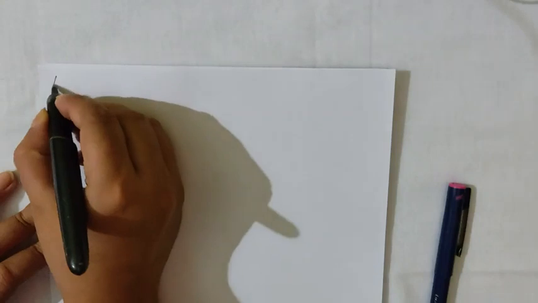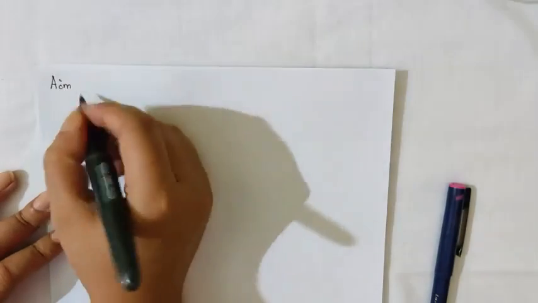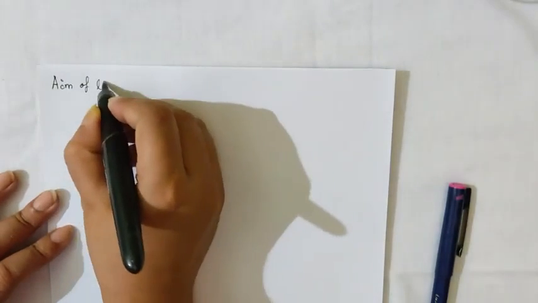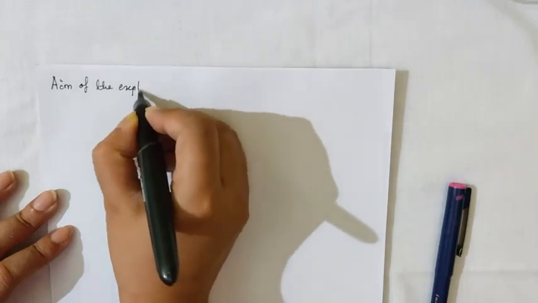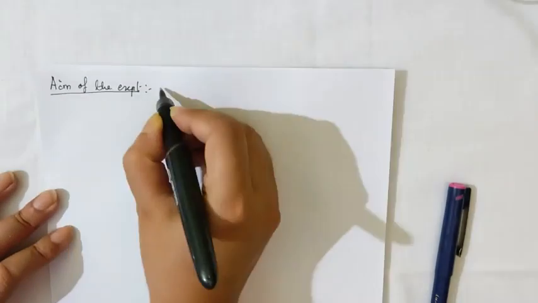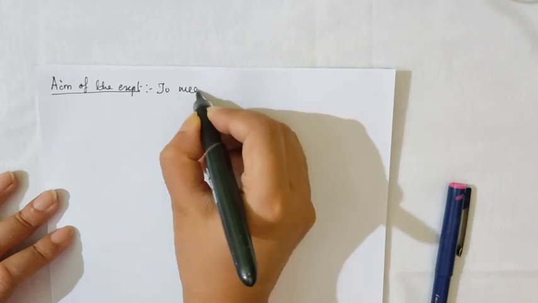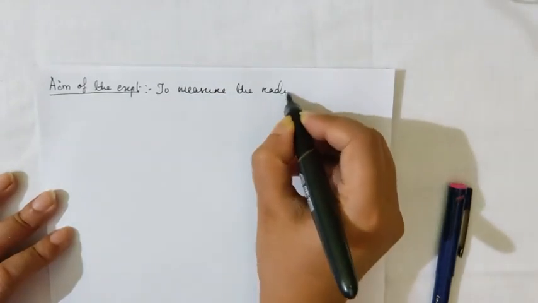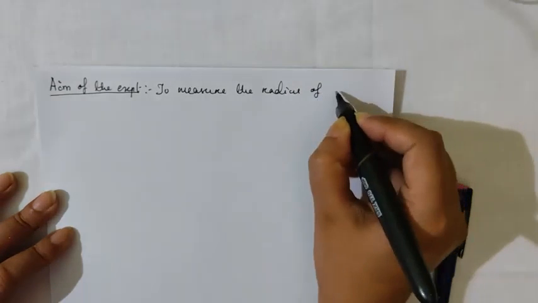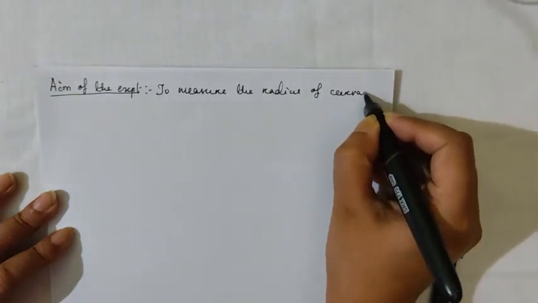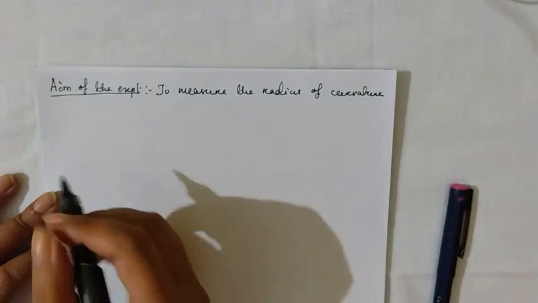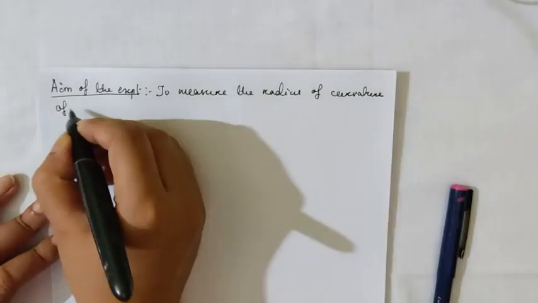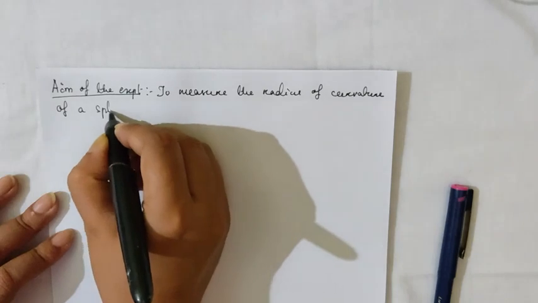So now let's discuss what is spirometer. As I have already told you in my previous videos, first of all, what is the aim of the experiment? The aim of the experiment is to measure the radius of curvature of a spherical surface.